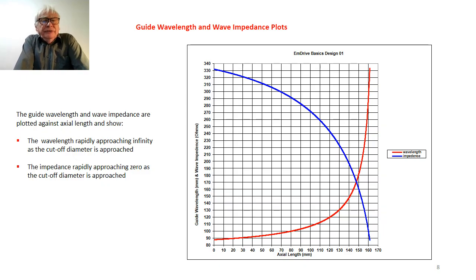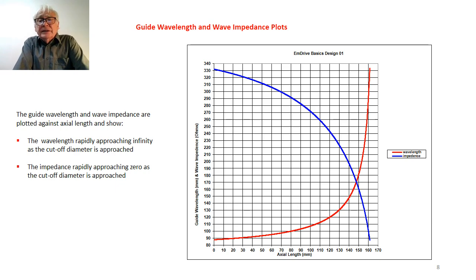You can see that if you look at the guide wavelength shown in red, as you approach the small end plate diameter, the guide wavelength rapidly starts to approach infinity. And at the same time, the wave impedance, which is shown as blue, starts to rapidly approach zero.